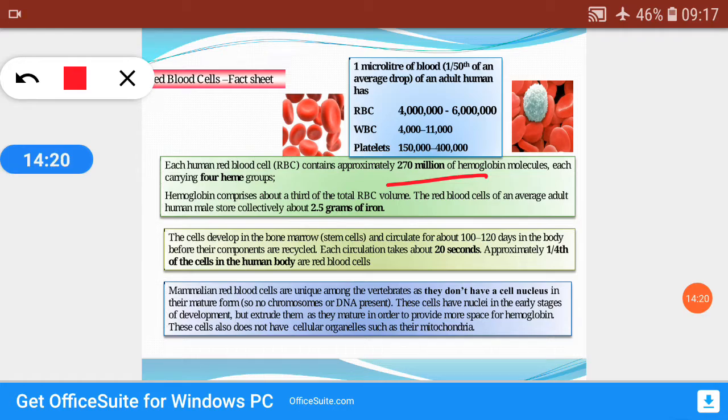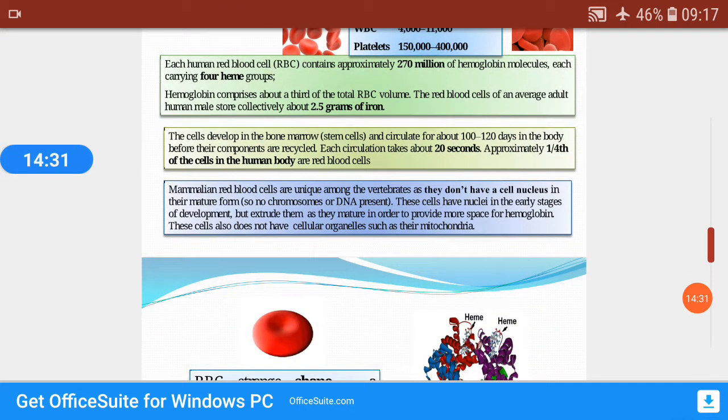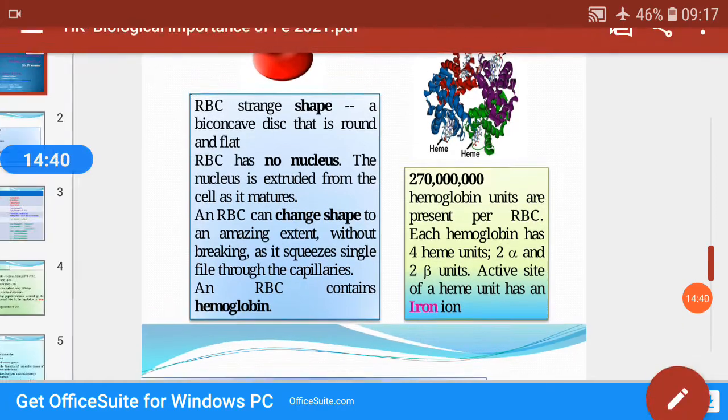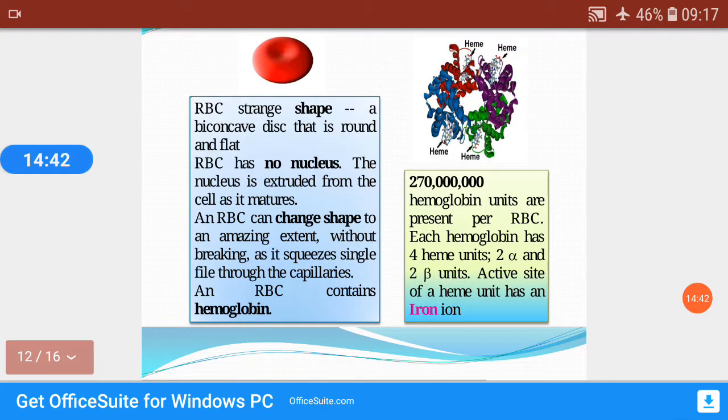Okay, and its amount and its stability in the RBCs, and certain different types of important information. And you can go into detail for your understanding purpose. Okay, for examinations you just make a note of important points out of it.